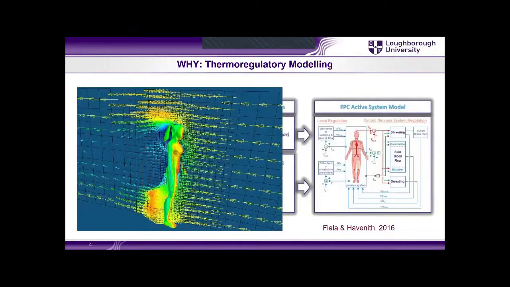Once you have that, you can use it in, for example, a CFD model where you see that the airstream goes across the body in different areas, and it will affect the evaporation in different areas differently. So knowing what the sweat production is, you can then combine it with the sweat evaporation based on the climate and the airflow.